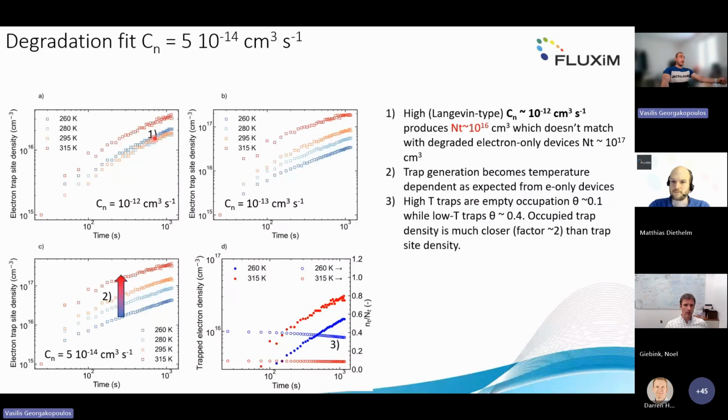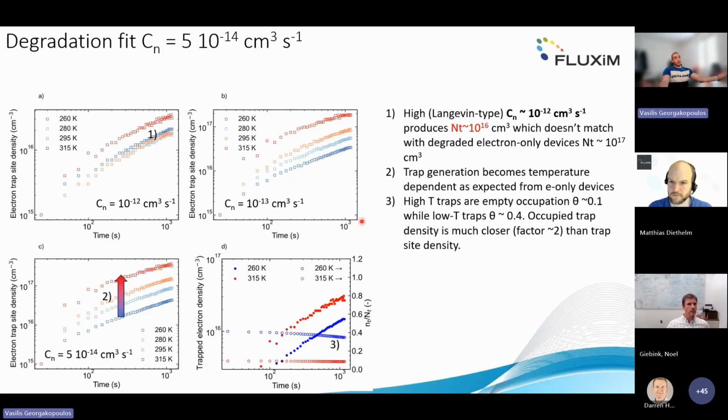And then we slowly decreased the capture coefficient until about 5 × 10⁻¹⁴. And when we chose a way slower capture rate, we got, as expected, increased trap density with temperature, as we would expect from the fundamental mechanisms, because we would argue that the fundamental mechanism for trap formation in the PLED and in an electron-only device stays more or less the same.